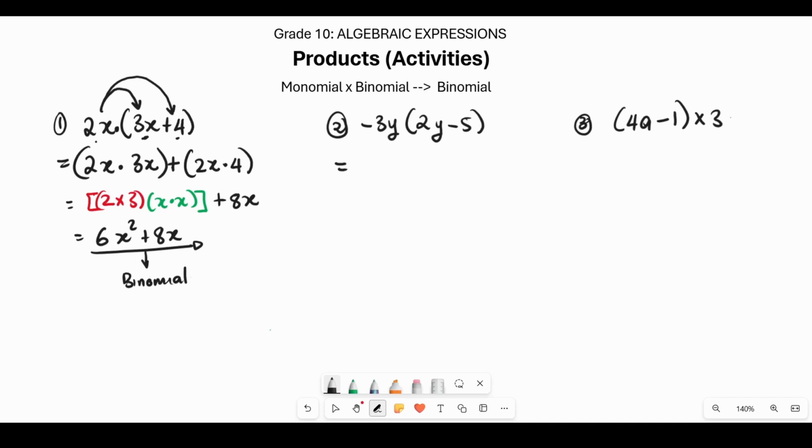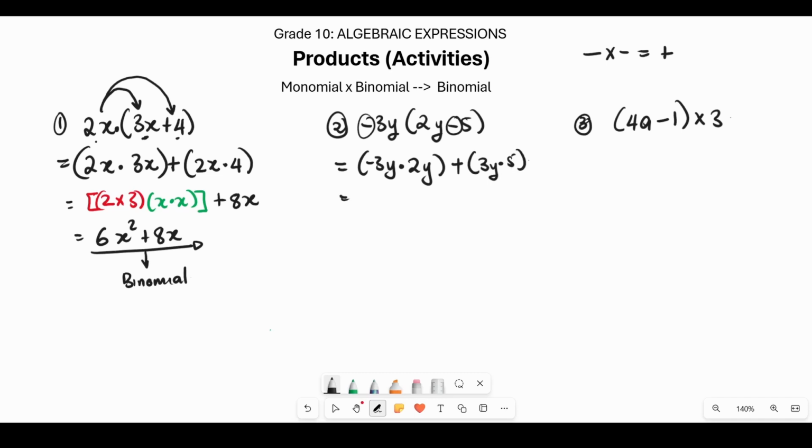Let's move on to this one. I'm sure for now you're getting the drift: I can write this as negative 3y multiply 2y, then minus, but check here, negative multiply negative, we said it's going to give us a positive. So this will multiply this, therefore giving us a positive, then having this one, it's going to be positive 3y multiply 5.